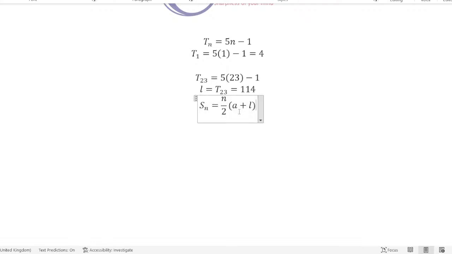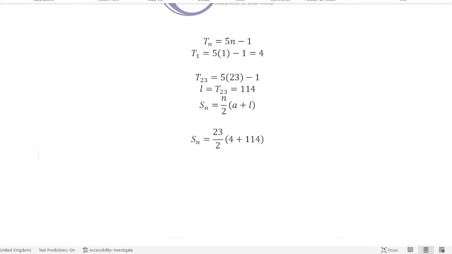So now we just need to substitute. n is equal to 23 over 2 multiplied by the value of a. The value of a is 4, that is the first term, plus the last term 114. Now you just use your calculator to get the correct answer.